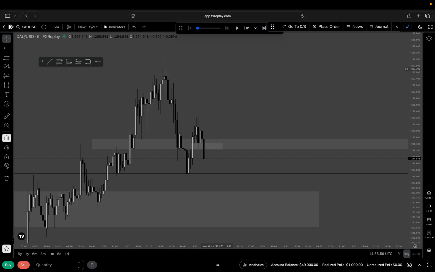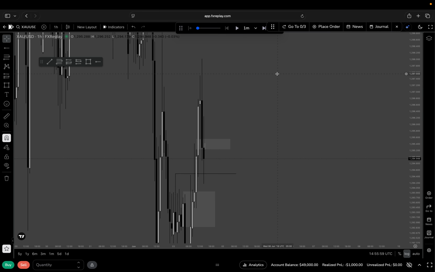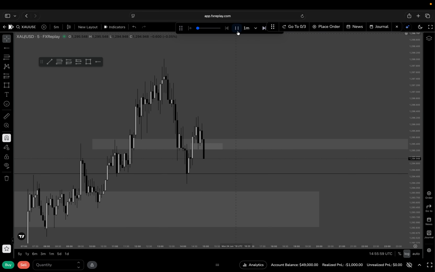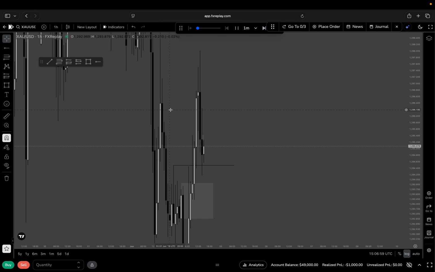Instantly stopped. Okay. So not a good start so far. Okay, we actually closed below this now. Let's see where price wants to retrace to. Okay, now hit this.